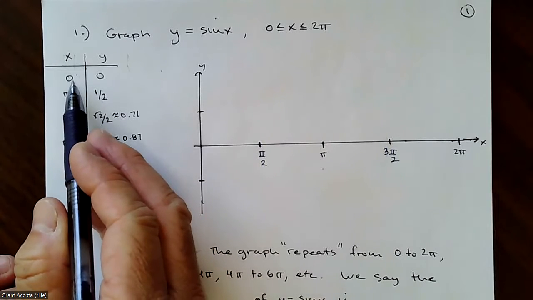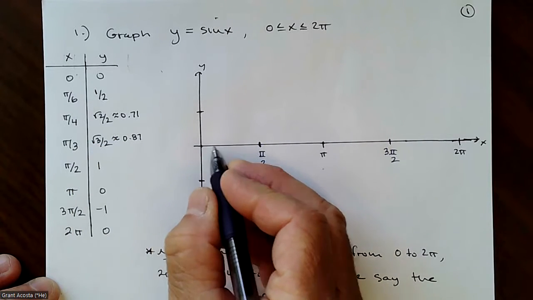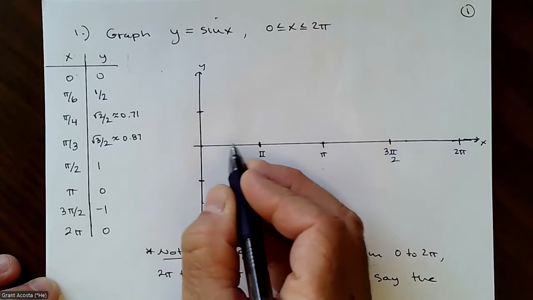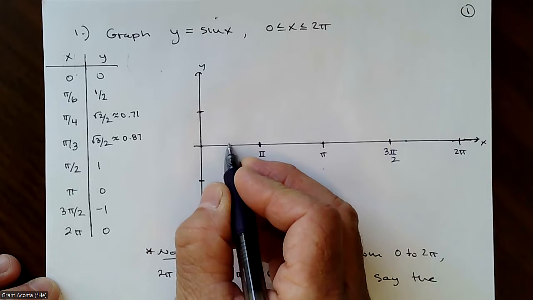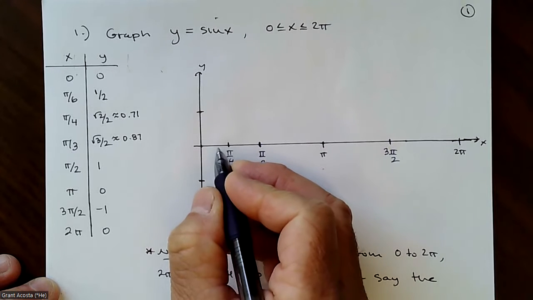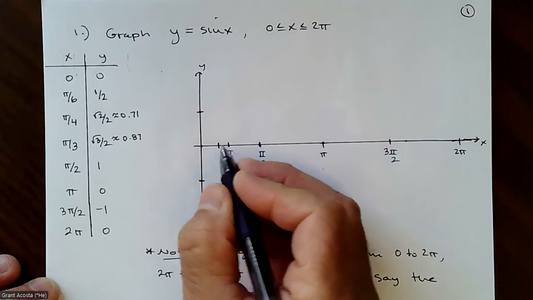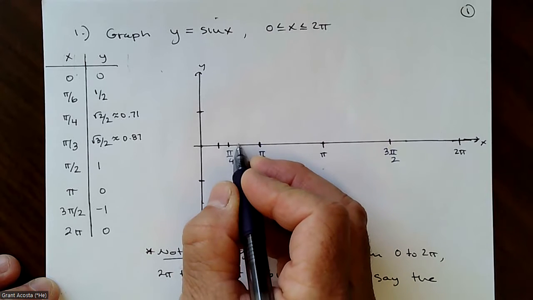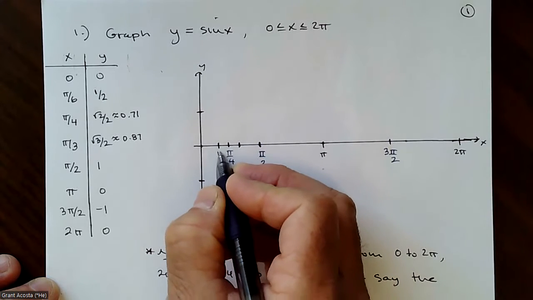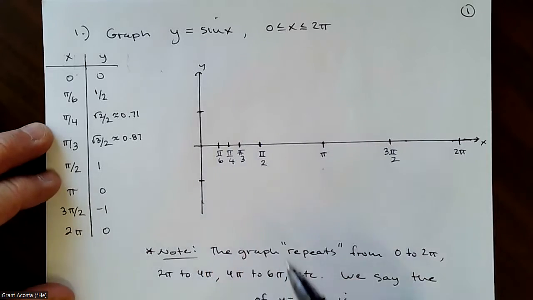And pi over 6, pi over 4, and pi over 3 are all in between in the first quadrant, if you're thinking about the circle between 0 and pi over 2. Pi over 4 is halfway in between, that's 45 degrees. Pi over 6 is 30 degrees, that's not quite half, it's actually a third of 90 degrees. So pi over 3 would be about right there.